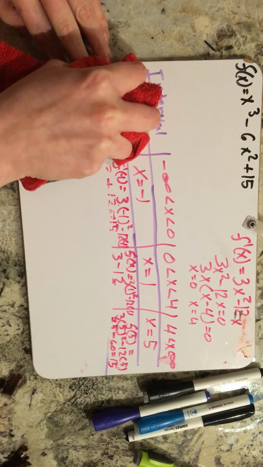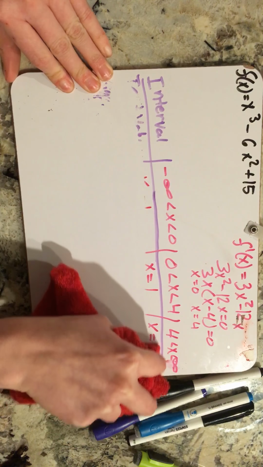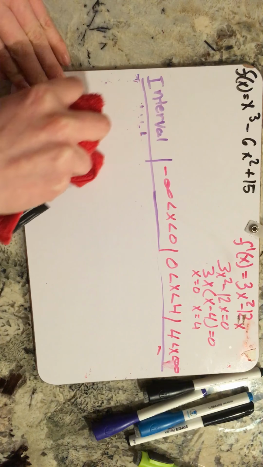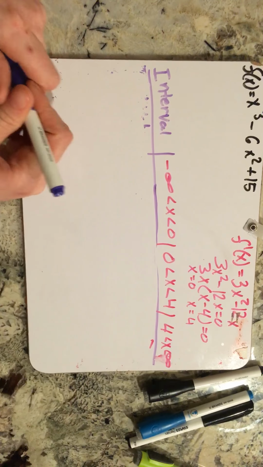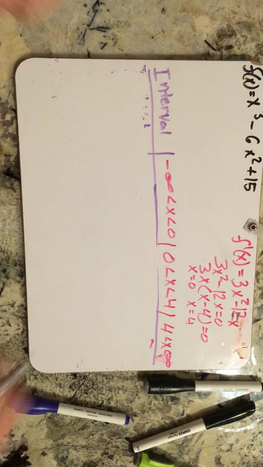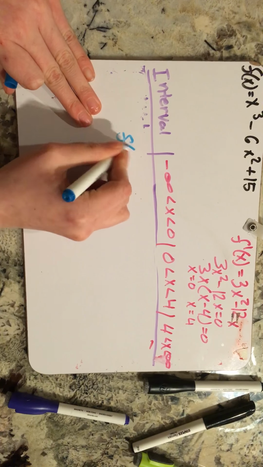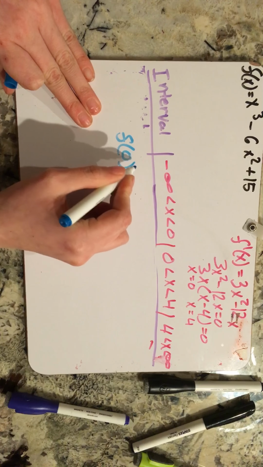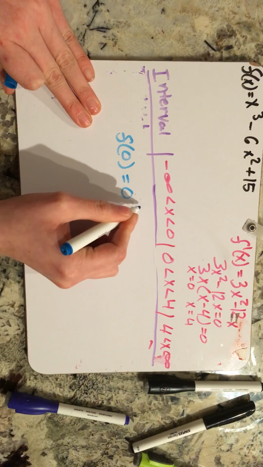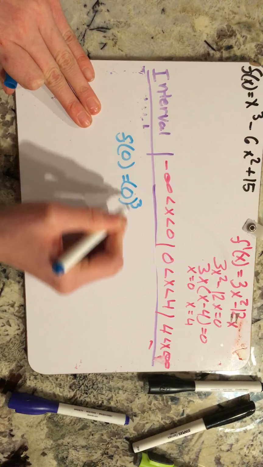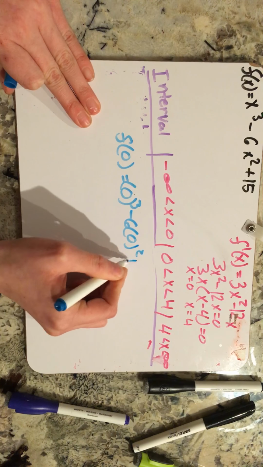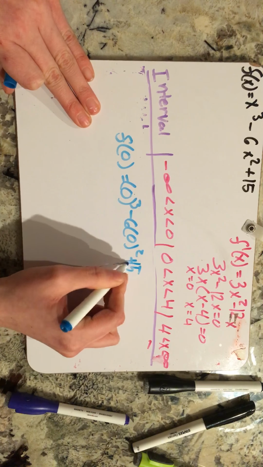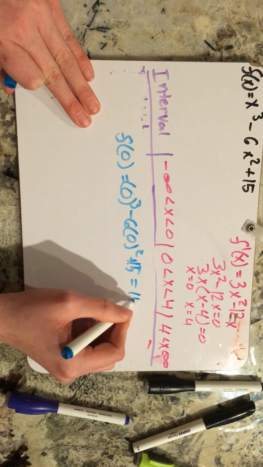I'm going to keep these intervals up here. Okay. We are going to take f of 0, which is equal to 0 to the third power minus 6 times 0 squared plus 15, which is going to be equal to 15.